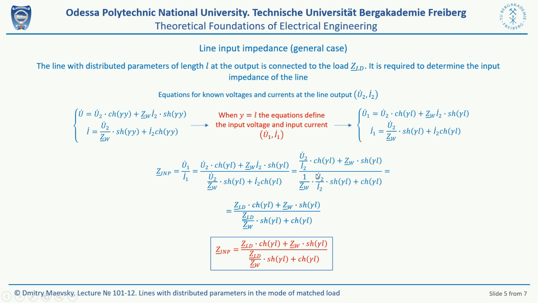Taking into account that the ratio of the complex U2 to the complex I2 is none other than the known load impedance at the end of the line, as a result, we obtain the following equation for finding the input impedance of the line.